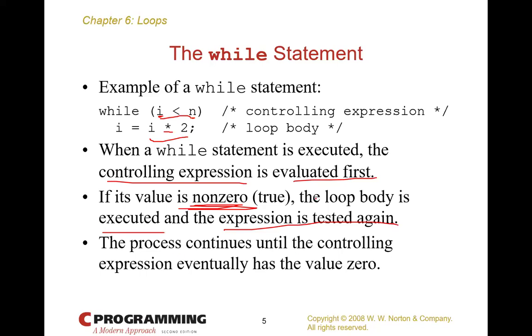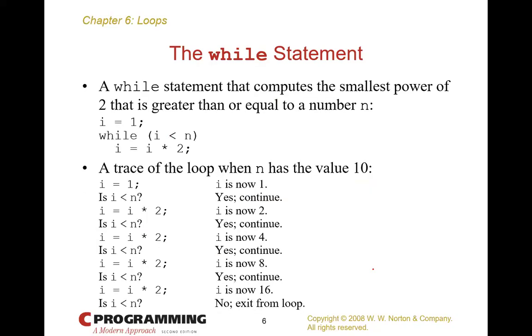This cycle of test, execution happens several times until the value becomes 0. When the value becomes 0, then it stops. The process continues until the controlling expression eventually has the value of 0.